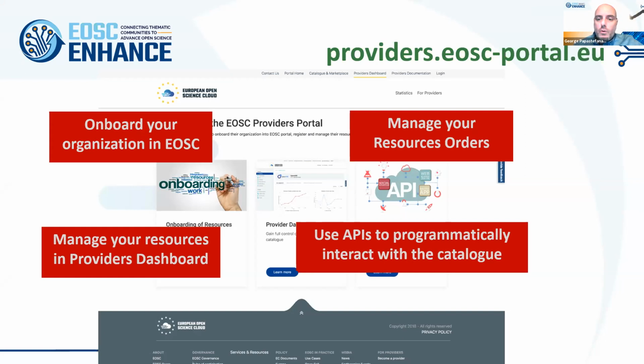You can manage your orders, your order configurations, and the orders coming from users in the portal. And finally, you can use APIs to programmatically interact with the catalog and manage your resources, add, update, or publish or unpublish your resources.